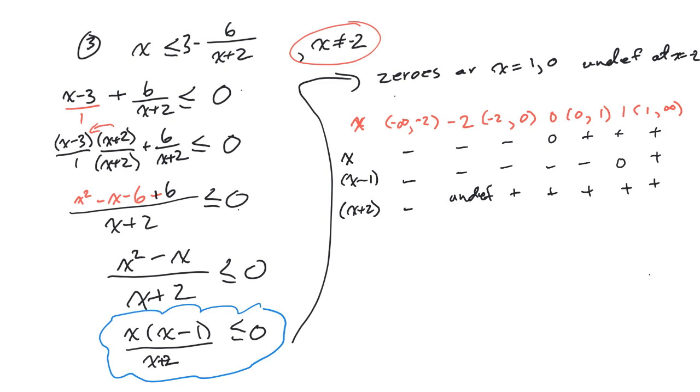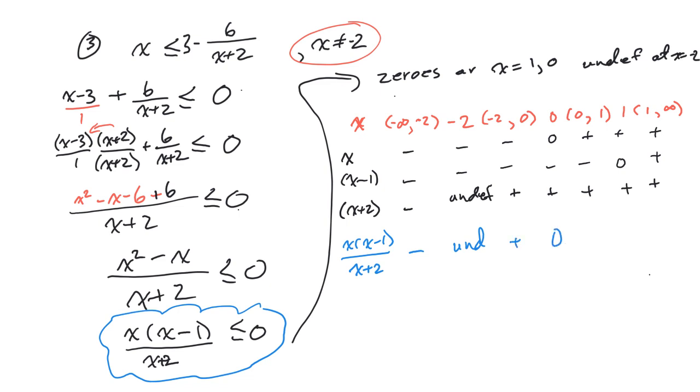Now we can go and combine all 3 to come up with our equation. So we have x times x minus 1 divided by x plus 2. And we have the following for our multiplication. 3 negatives give us a negative. 2 negatives and an undefined is still undefined. 2 negatives and a positive multiplied together is positive.